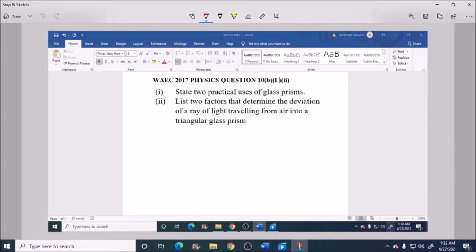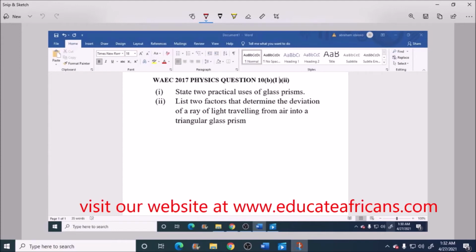Now we also have that the glass prism is used to determine refractive index of glass. And then number 4, glass prism is used in viewing objects over obstacles. That is talking about periscope. So let's list the two practical uses of glass prism. I've given up to 4, so let's write them out.